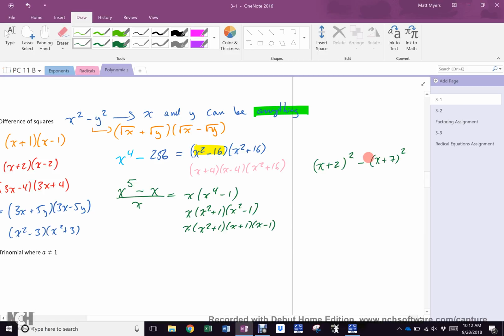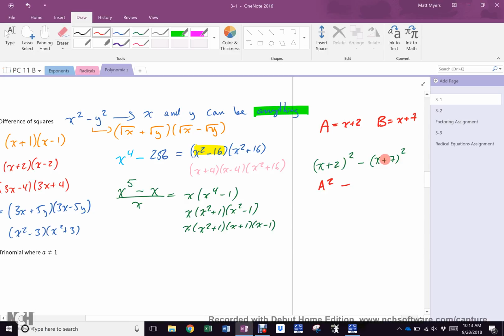So how do I do this one? Here is your math gift. A equals x plus 2. B equals x plus 7. What can I write there instead of x plus 2? A squared minus.